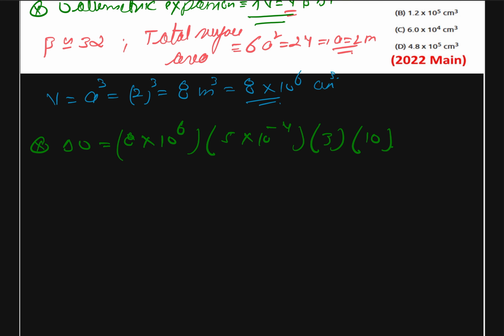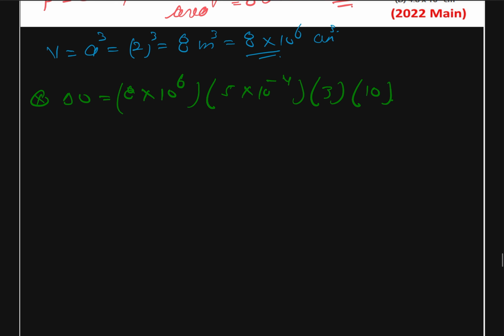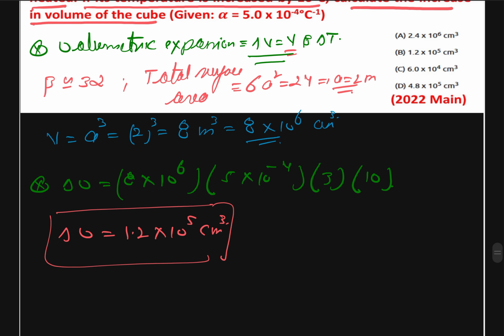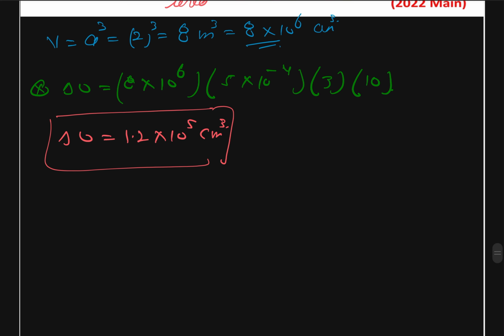Therefore, we get that our delta V is equal to 1.2 into 10 to the power 5 centimeter cube. 1.5, sorry, 1.2, option B is correct. Next question.